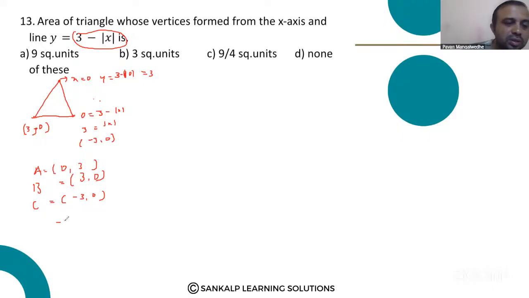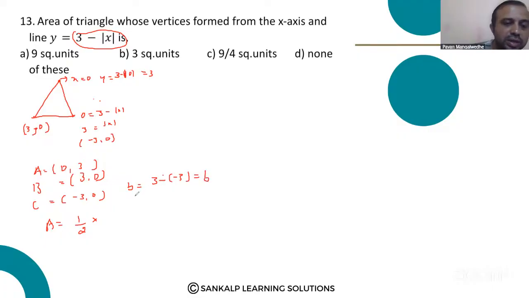So A is equal to half into base. Base is 3 minus of minus 3, which is equal to 6.